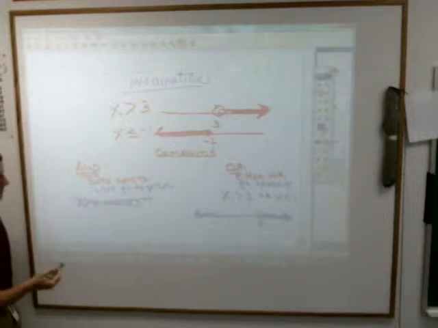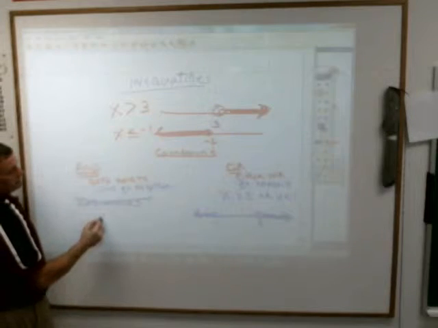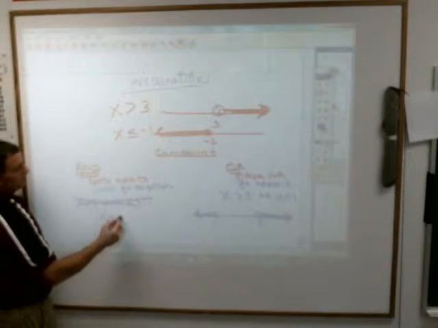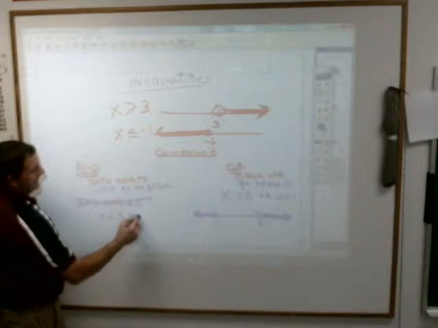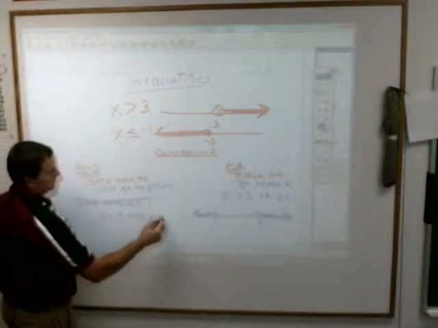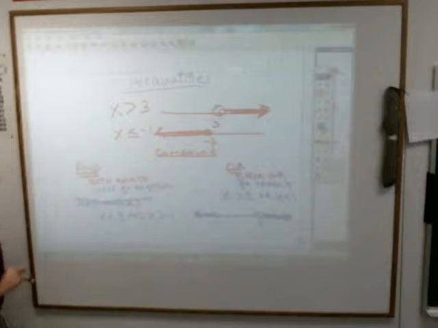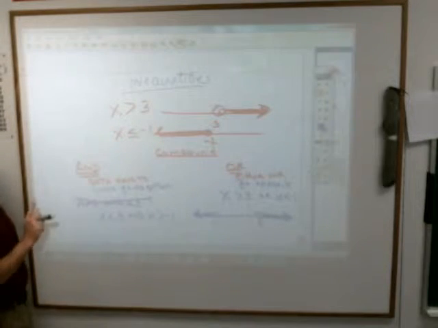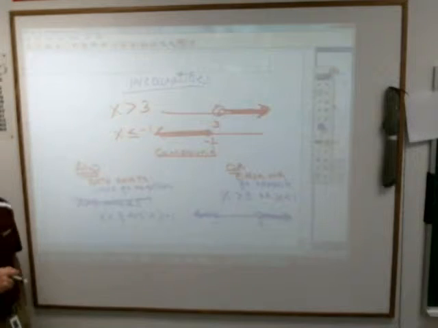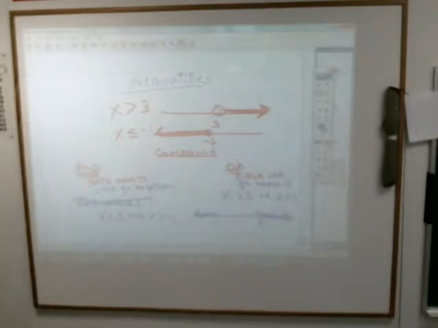It would have to be something that looks like this. X is less than 3 and X is greater than -1. Now if I asked you for a number that is less than 3 and greater than -1: 2, 1, 0.